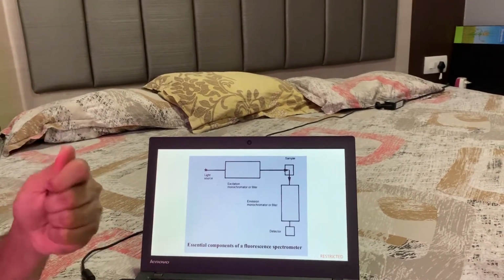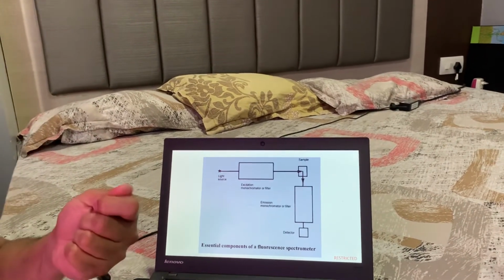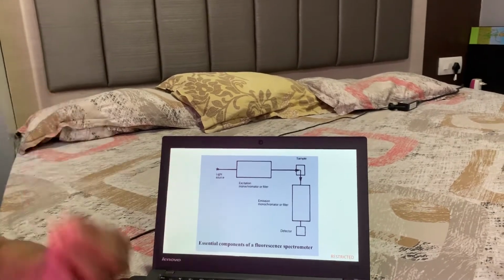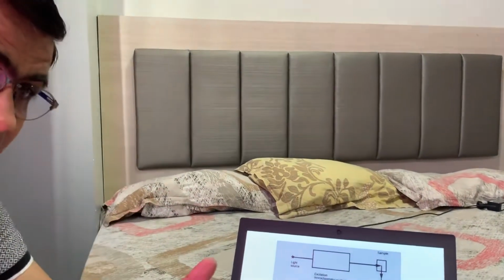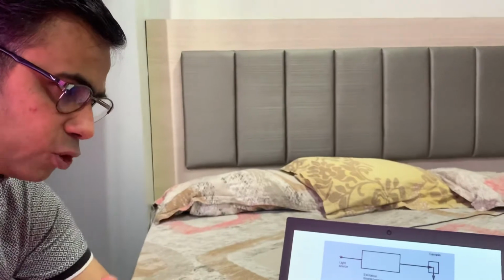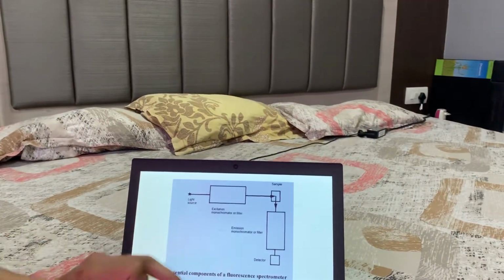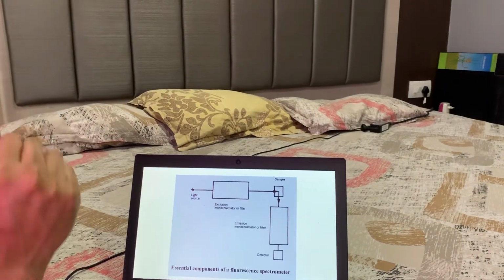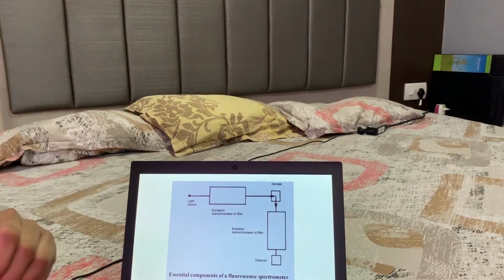And normally, as I told you before, there are a number of natural compounds that can fluoresce. Sometimes if we want to measure the concentration of a certain protein, let's say imagine they are tagged with GFP, YFP, they can also emit fluorescence. They could be easily detected with the help of fluorescence spectrophotometry. So now here is the sample, and again here is the monochromator or the filter, and finally here there is a detector. So this is a very simplified way to represent fluorescence spectrophotometry.